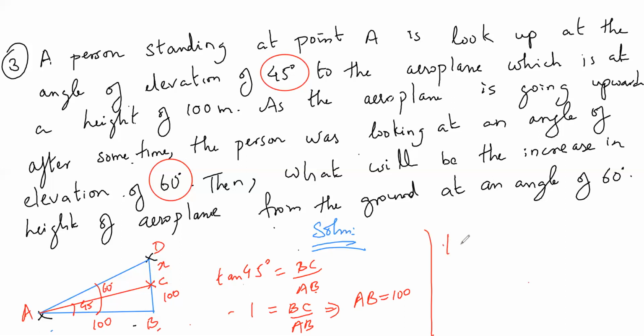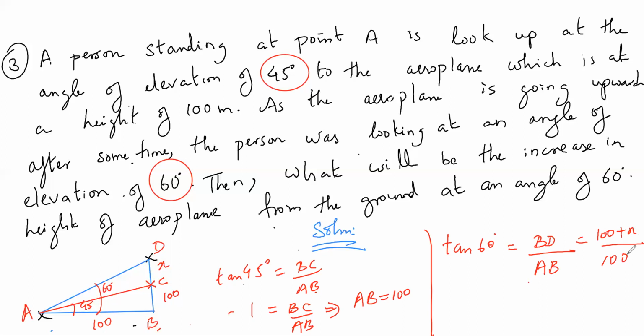Same thing I should do for tan 60. Tan 60 means the whole angle, so the full thing, BD by AB. What is my BD? It is 100 plus X. 100 plus X by AB, which is 100.